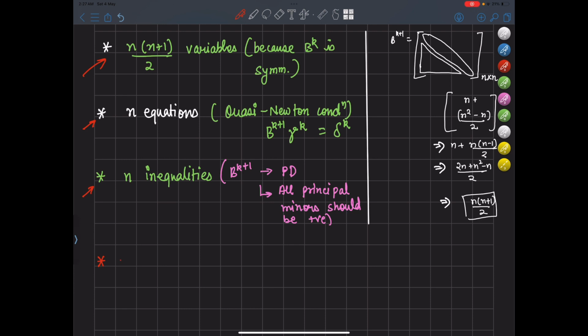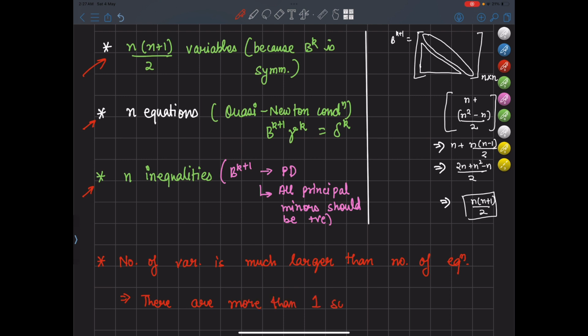So the number of variables is much larger than the number of equations, which means there is more than one solution.